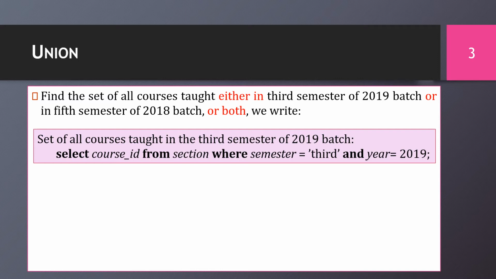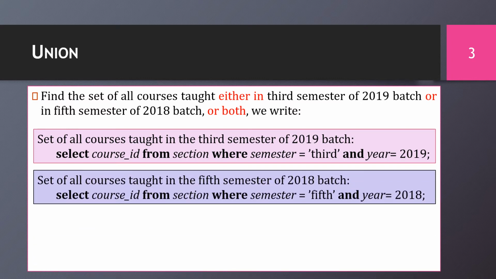So the query is select course ID from section where semester is equal to third and year is equal to 2019. Similarly, we can find out the set of courses taught in the fifth semester of 2018 batch as select course ID from section where semester is equal to fifth and year is equal to 2018.